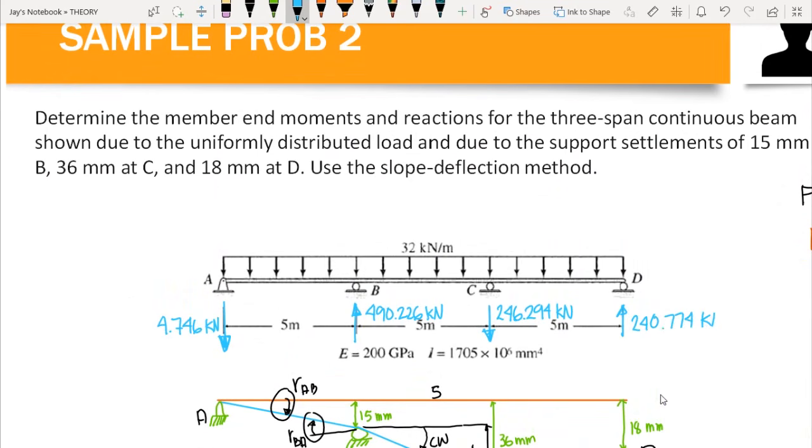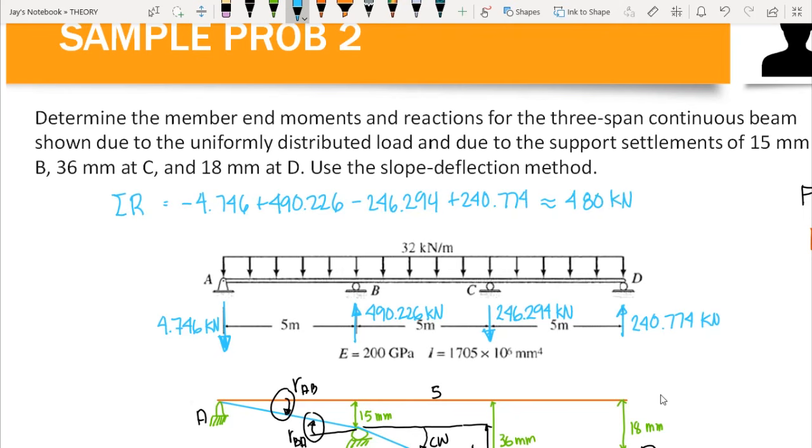So if you sum up all the reactions, you would have negative 4.746 plus 490.226 minus 246.294 plus 240.774. This is approximately equal to 480 kilonewton.